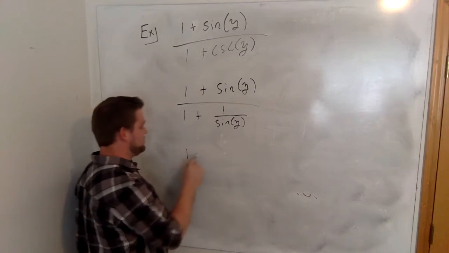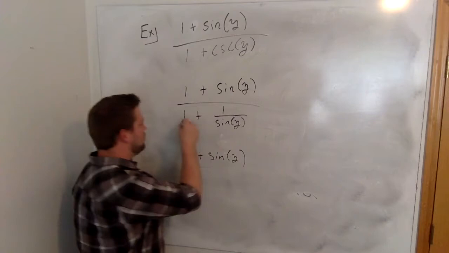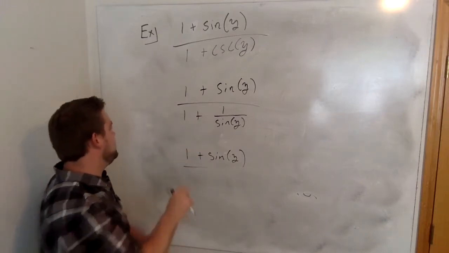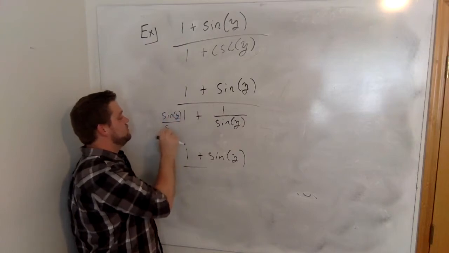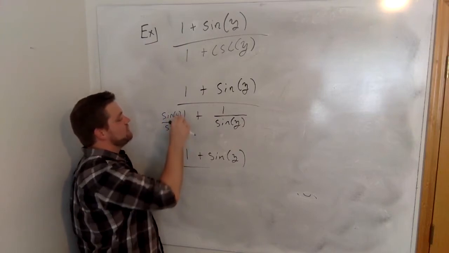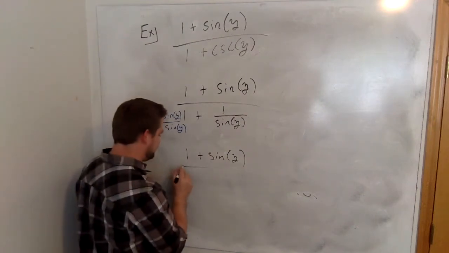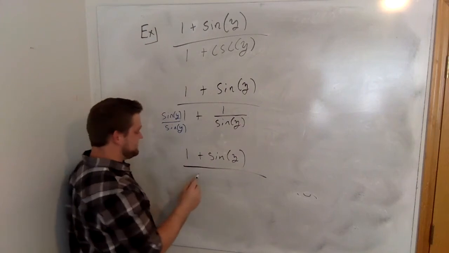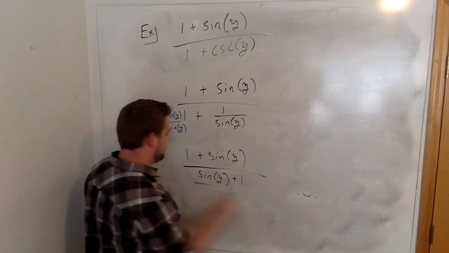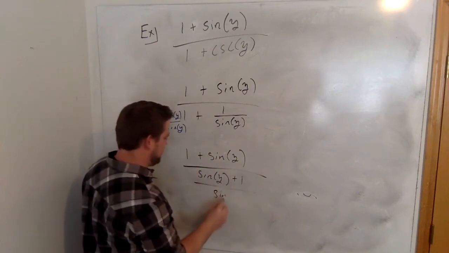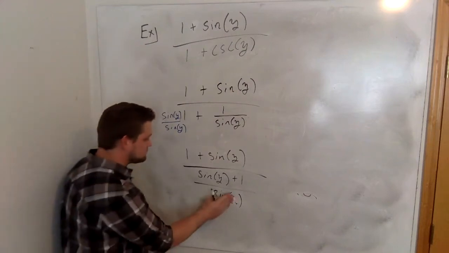So one option would say this is 1 plus sine of y all over, well, this 1 here, think of this as sine of y over sine of y. Now when we add these, this will just be sine of y plus 1 all over sine of y, our common denominator of sine of y.